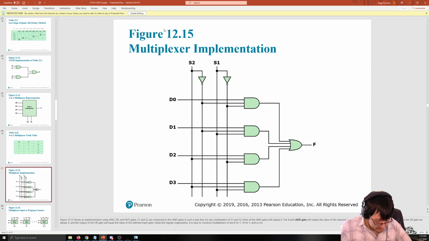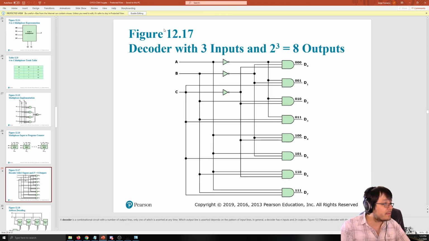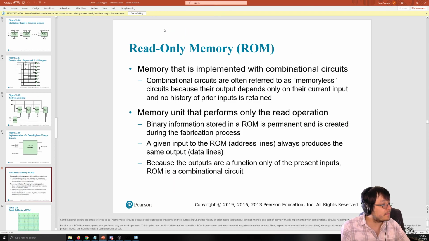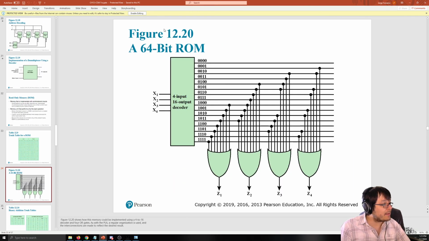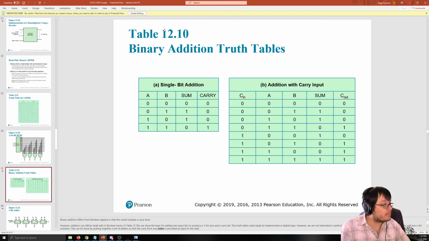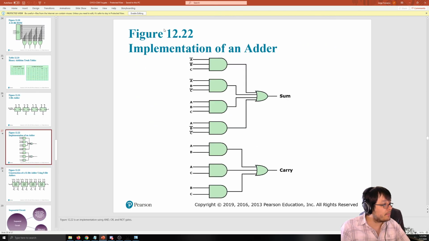Multiplexers connect multiple inputs to a single output. At any time, one of the inputs is selected. So, yeah, that does ring a bell. Then they have an example of a ROM. So that's nice. And here's an adder.